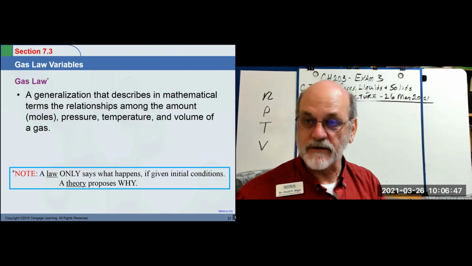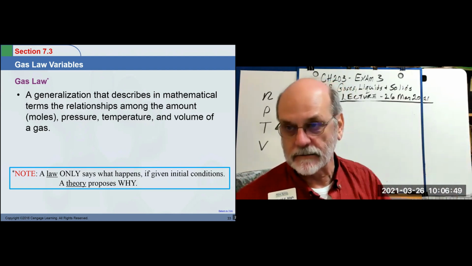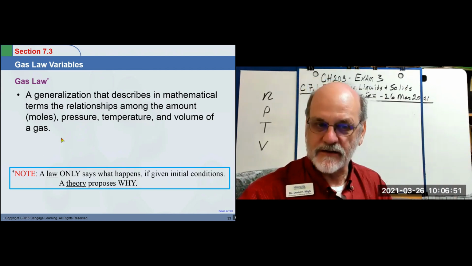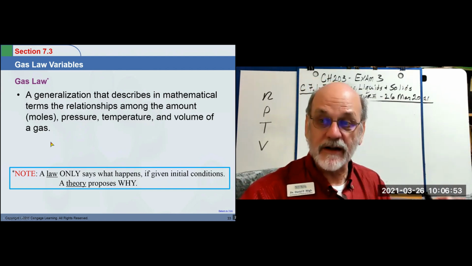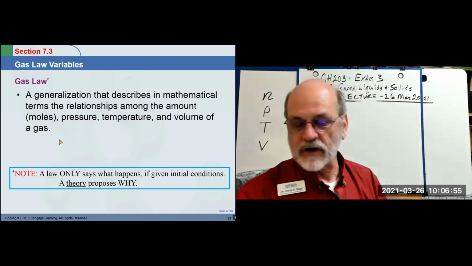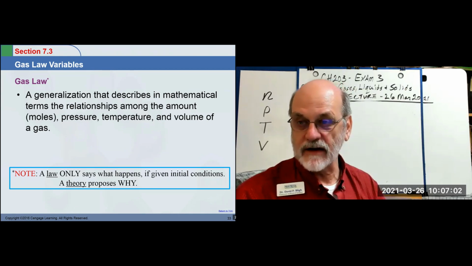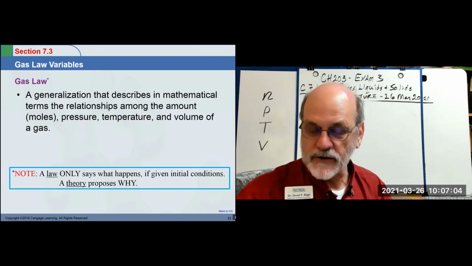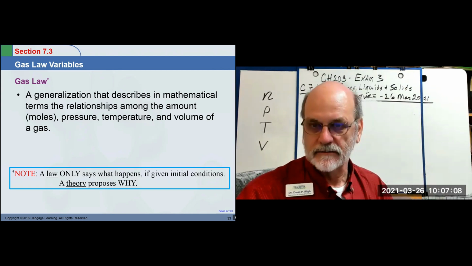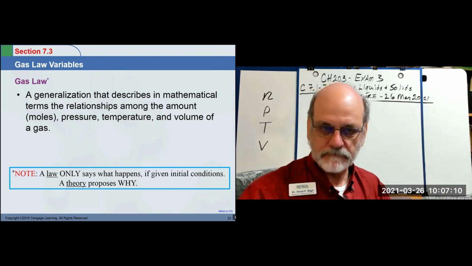So you can treat them as if the particles aren't even there. So the study of gases was particularly attractive because you could confine air in a vessel and study it, or you could confine oxygen or nitrogen in a vessel and study it, and you get the same results, no matter what the gas is.